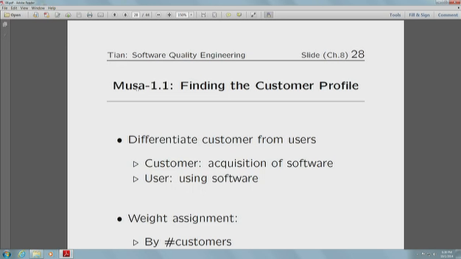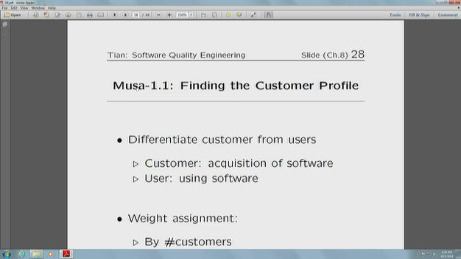Blackboard can also be at some other universities and some other places. So those different institutions are the customers, and within the customers we have individual users.